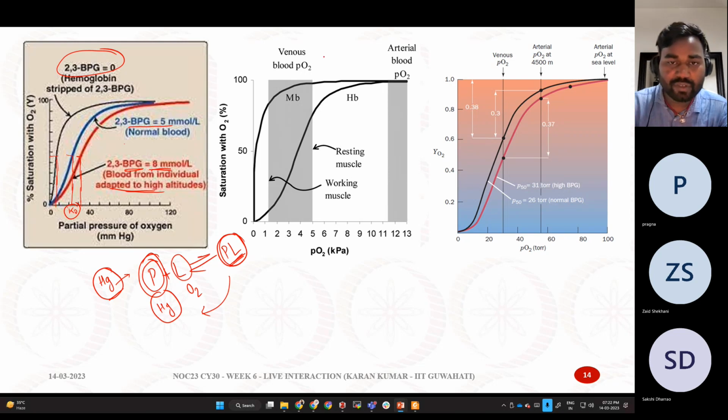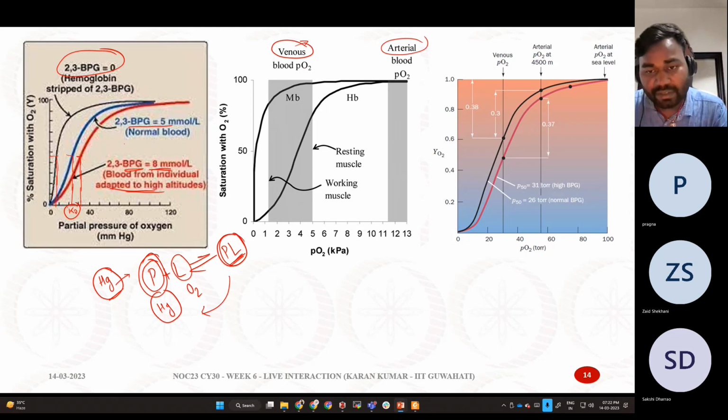The similar case you will see with venous blood and arterial blood. Venous blood is the blood in the vein. Which one carries the pure blood, arteries or veins?